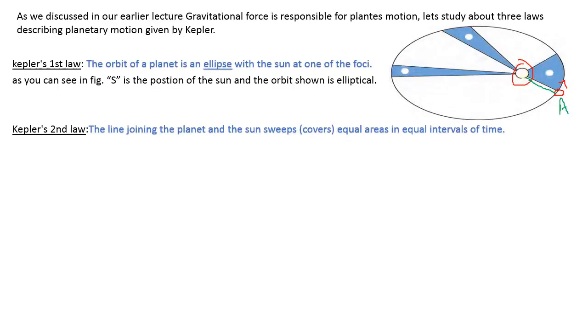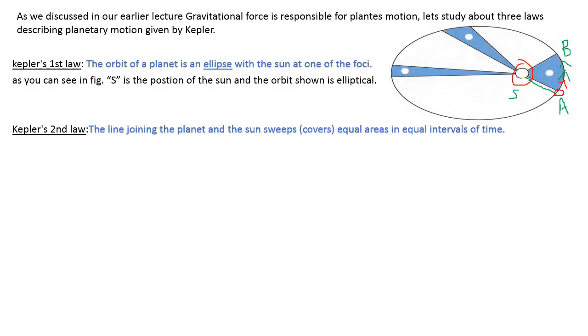When it starts moving in this direction, it will reach the position, say B. When the planet is here, the line joining is this, we can say this as O, so OA. In the book it is given as S, so we'll take S only, for the sun.